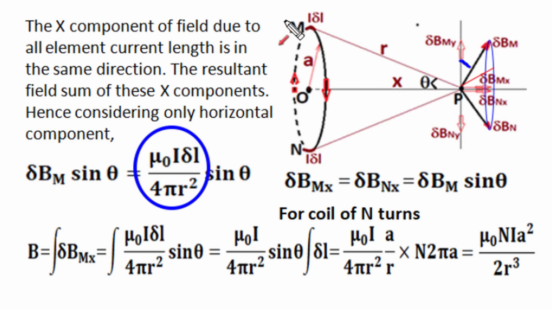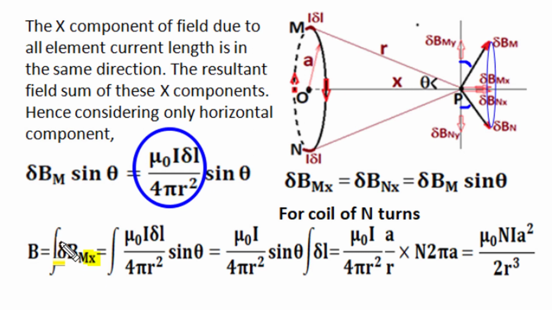Due to the symmetrical position of this observation point with respect to the current in the circular coil, other elemental lengths also produce magnetic field of the same magnitude with the same angle with the yz plane, and if we connect the tips of all those magnetic field contributions, they will form a cone as shown here, and the axial component of all those elemental contributions becomes, if this angle is theta, the sin theta component, and their summation, the sum of all x components by integration, becomes the resultant magnetic field of this entire coil.